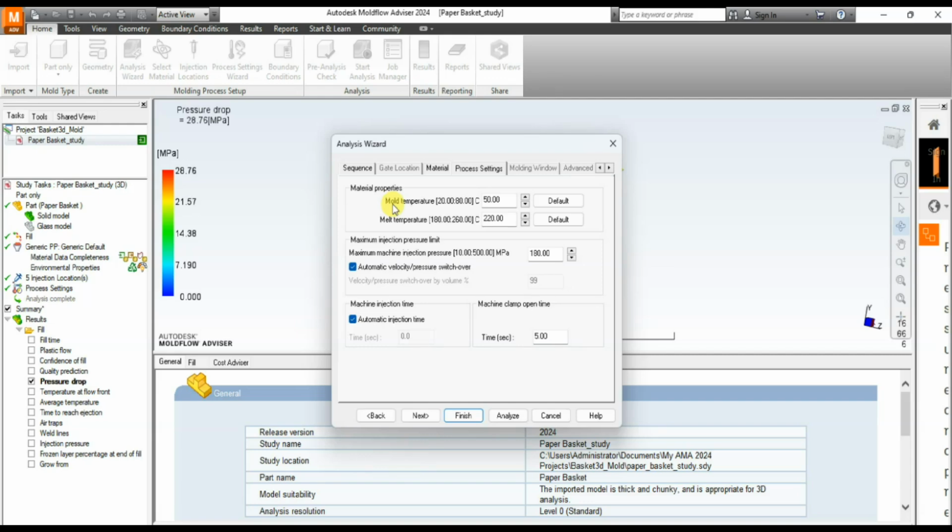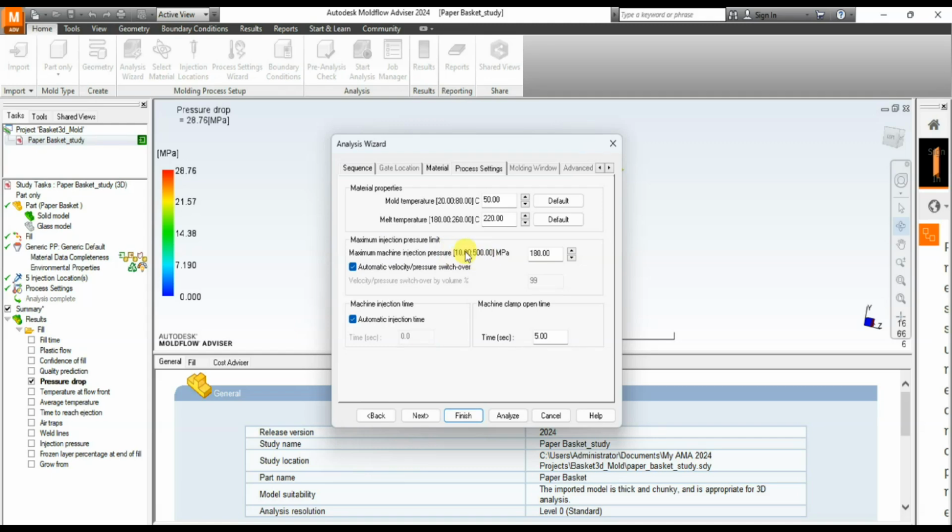All right, so now in relation to what we're talking about, for the pressure drop, if the pressure drop is greater than 80% of the current value set for maximum machine injection pressure, this is the one he's talking about here, this very one you're seeing here where this cursor is moving around.